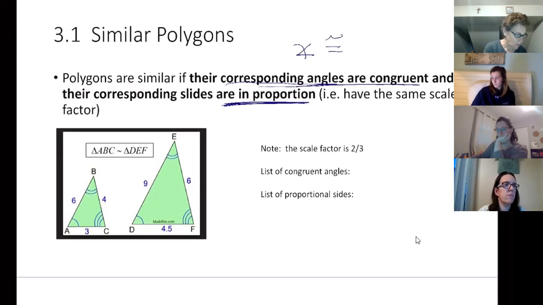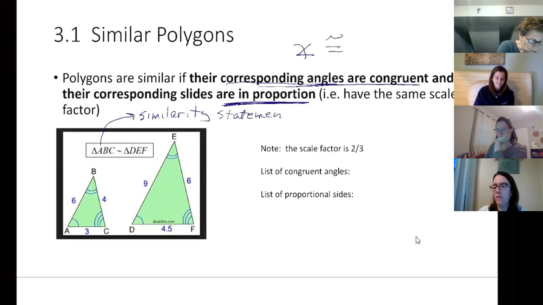An example of that would be this triangle ABC and DEF. Important thing, this is a similarity statement. And usually that is a good guide to help you identify your similar parts.